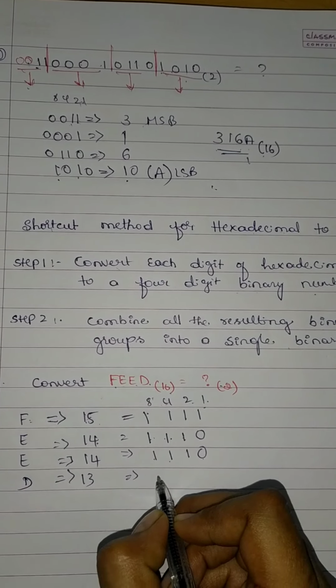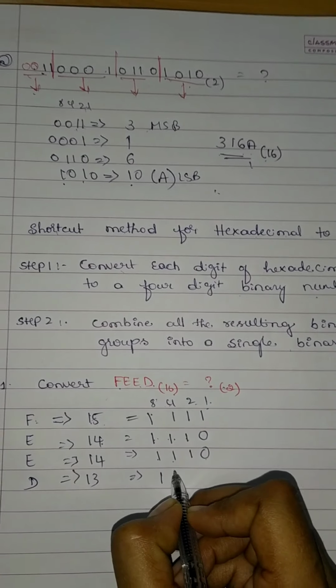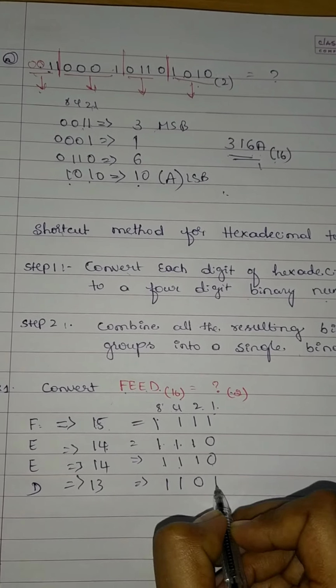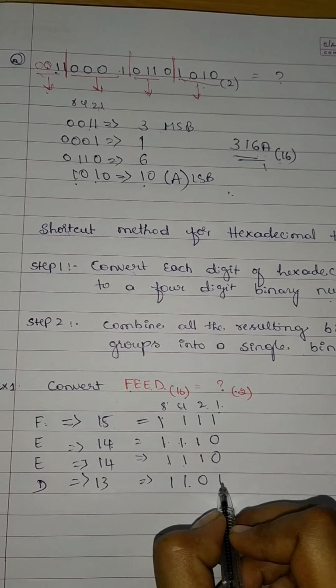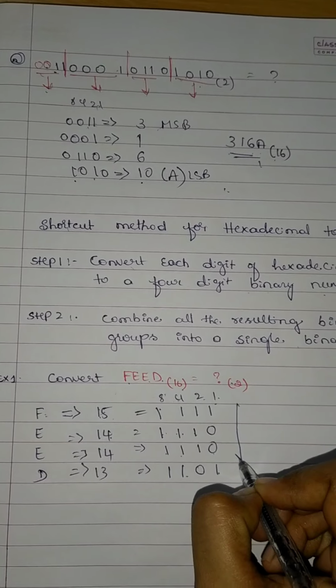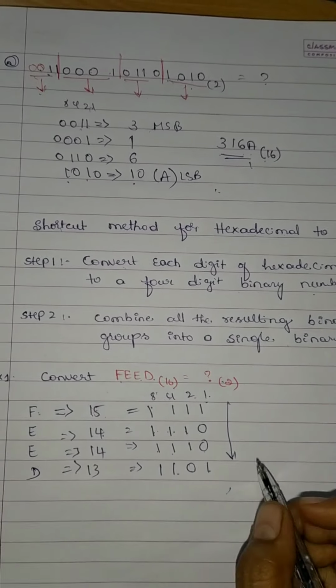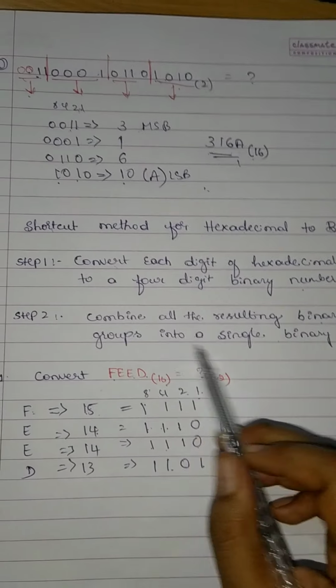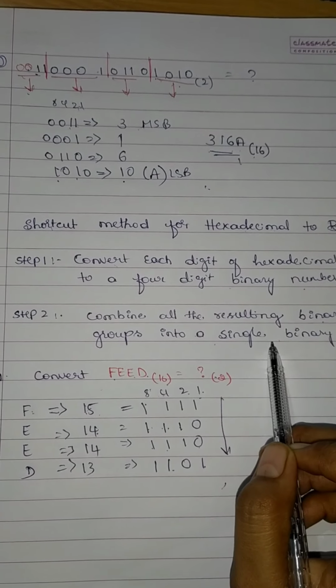Then how can we get 13? By adding 8 plus 4, which is 12, then 1 makes 13, so 1101. From MSB to LSB, we combine all the resulting binary groups into a single binary value.